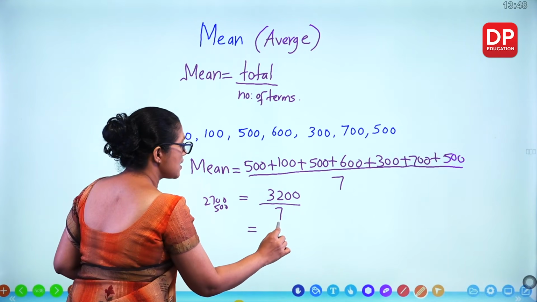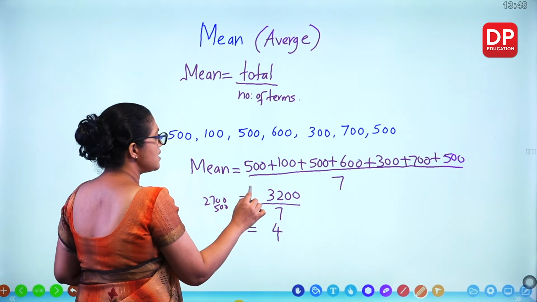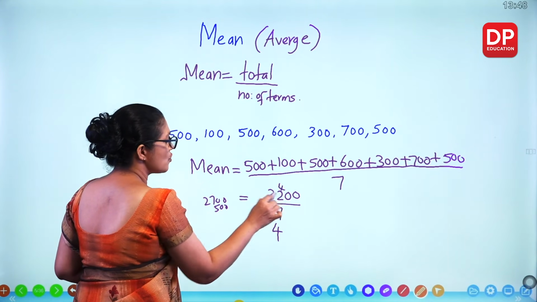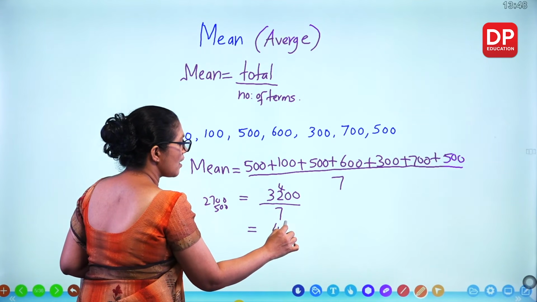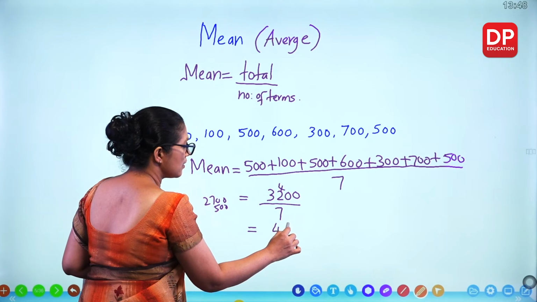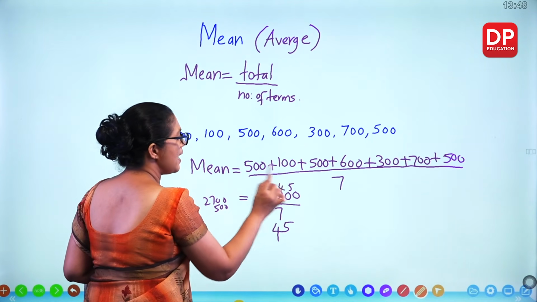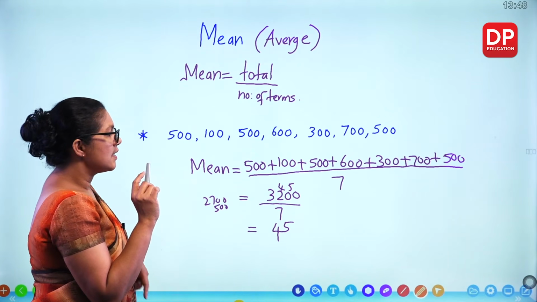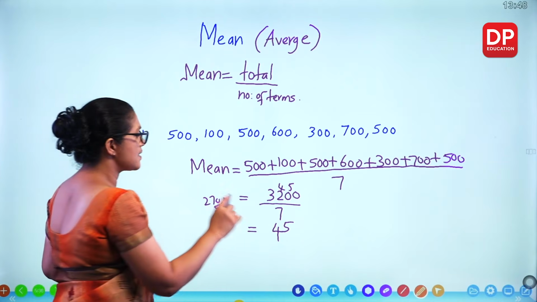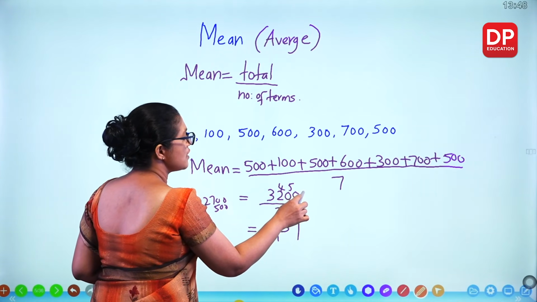7 times 4, 28. 28 plus 4, so you get 40. 7 times 5, 35. Another 5 remaining for 50. What's the value for 50? That's 7 times 7, 49.